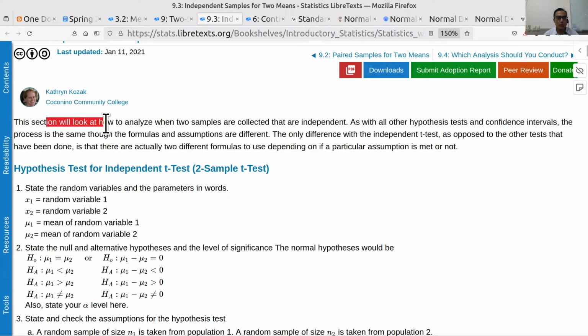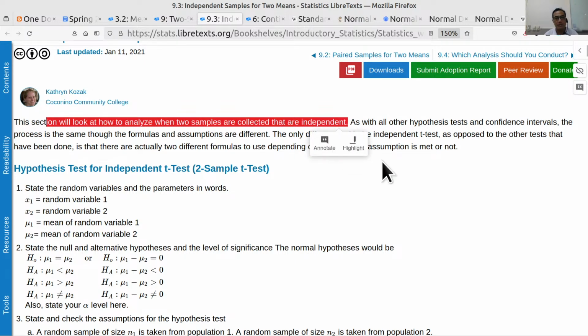This section will look at how to analyze when two samples are collected and whether they are dependent. What does it mean, dependent? Sometimes we can say they are different. If we say they are different, that's easier to understand.